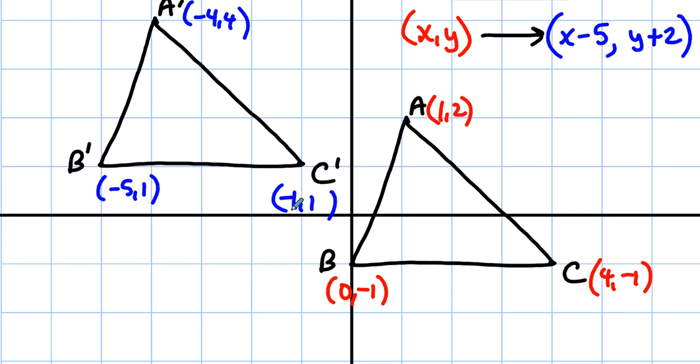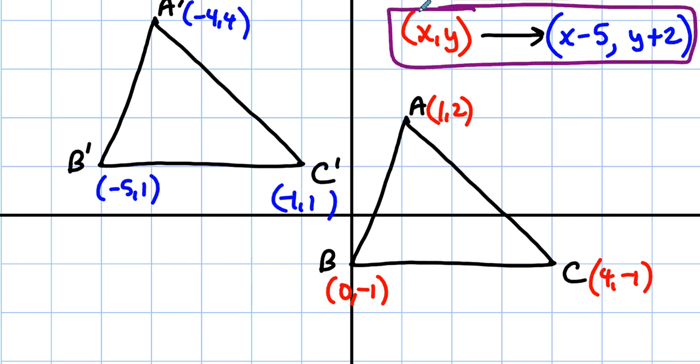And so we would describe this transformation as a translation. Sometimes we say that we translated left 5 and up 2. That's a fair way to describe the translation for our students.